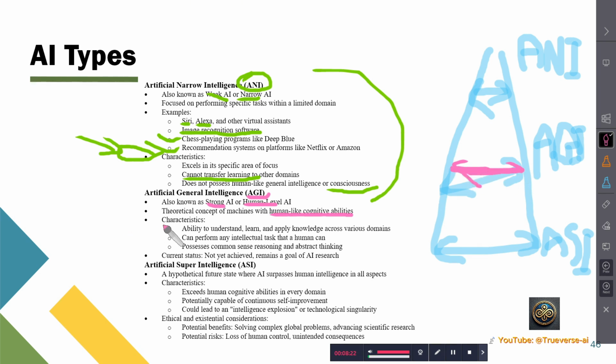When we look at the characteristics, AGI would have the ability to understand, learn, and apply knowledge from various fields, allowing it to perform any intellectual task that a human can.